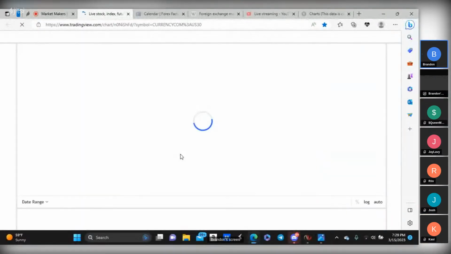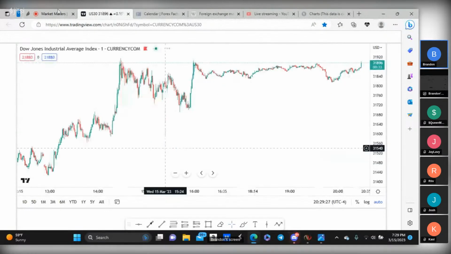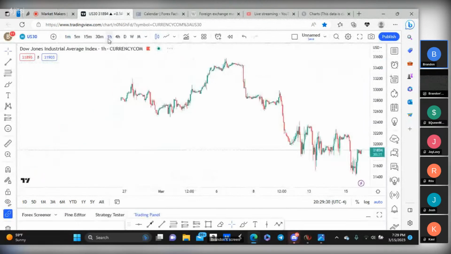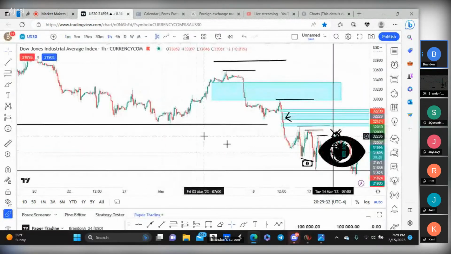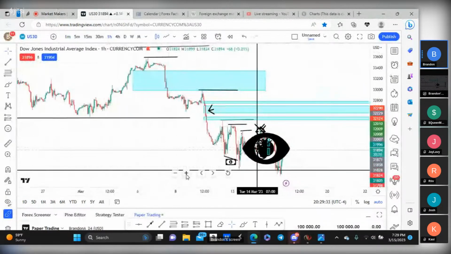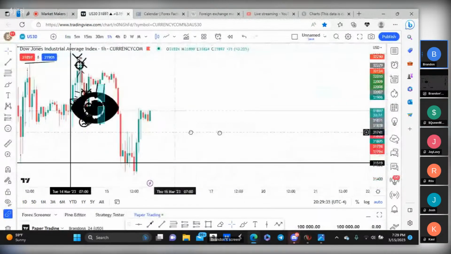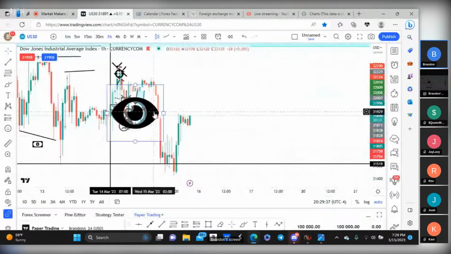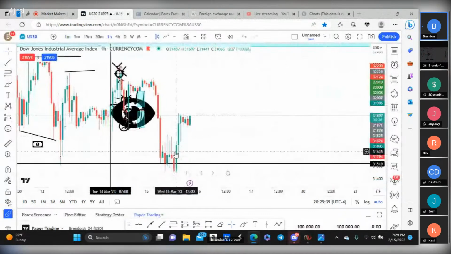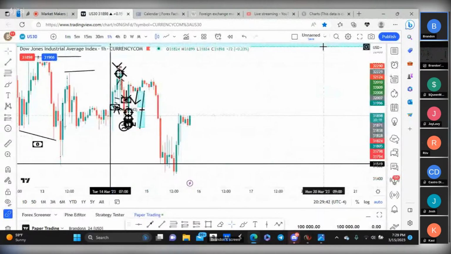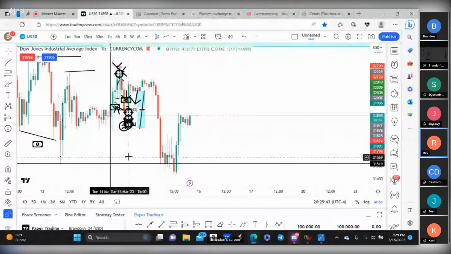Let me go to TradingView now. Oh yeah, Rev, if you still here, throw me up here. What you want me to look at? But that's what I was looking at on the 30. Which one?